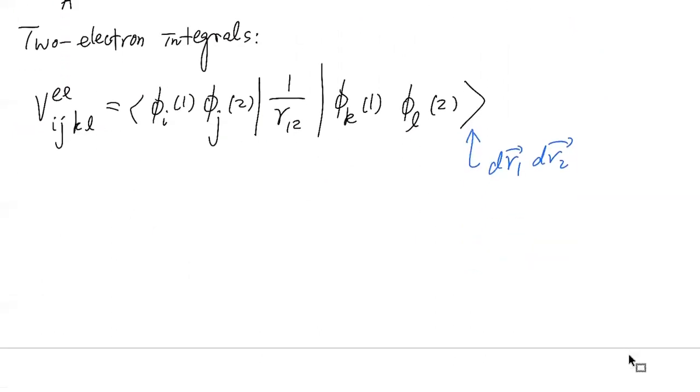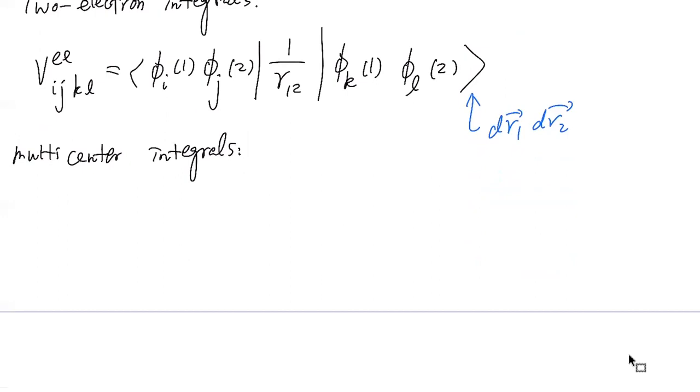Of course, you can consider a multi-center case. Again, you have A, B, C, D, for instance. This is your molecule. Those are the nuclei. Let's consider you have the first electron here, the second electron here. Then, if you want to talk about the nuclear electron interaction, you can have this vector, and you can also have this vector.